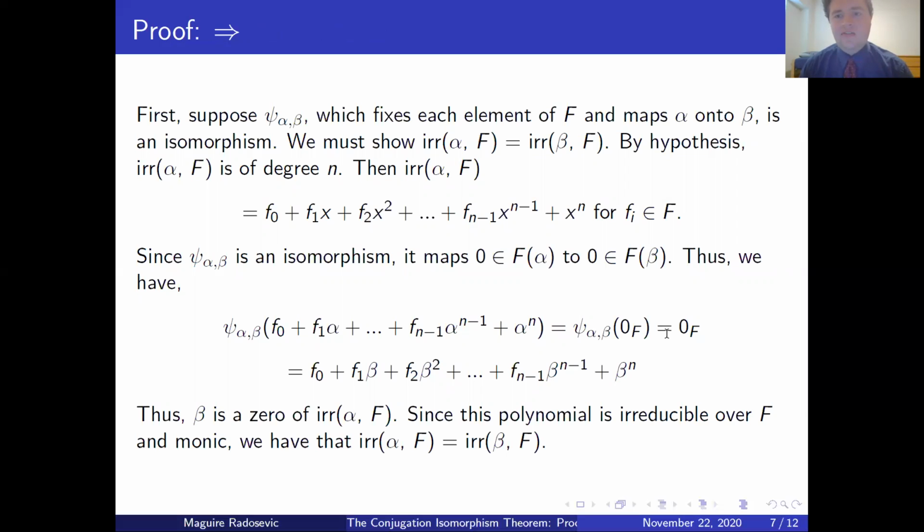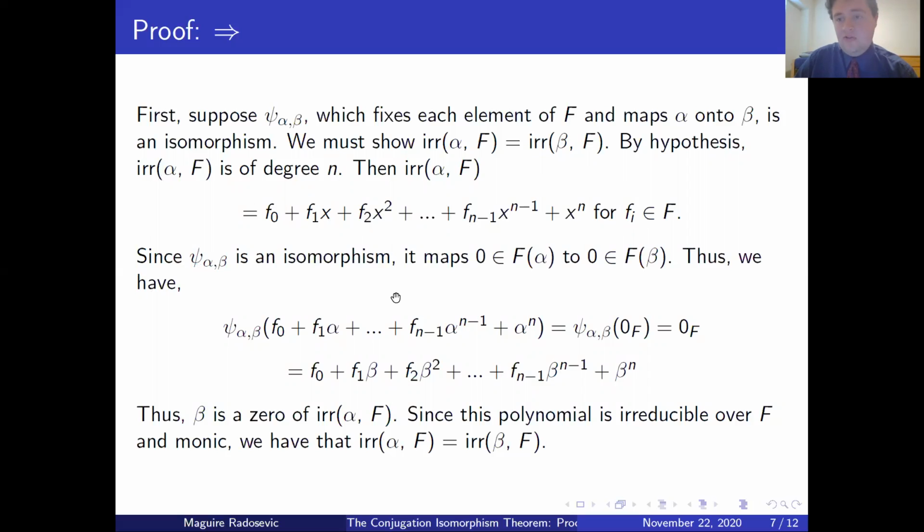By our hypothesis, we have that the irreducible polynomial of alpha over F is a degree n polynomial. We can express it in general terms as follows. We can take elements of F and multiply them by powers of x until we get x to the n. X to the n is going to have a coefficient of 1 because this unique polynomial is a monic polynomial, as we established earlier, but everything else is going to be multiplied by an element of F, which we index from 0 to n minus 1.